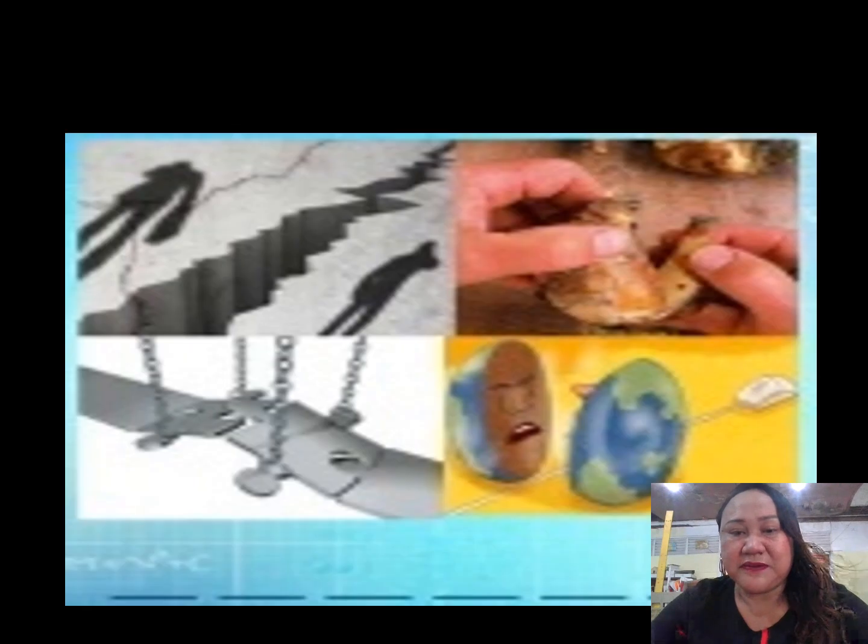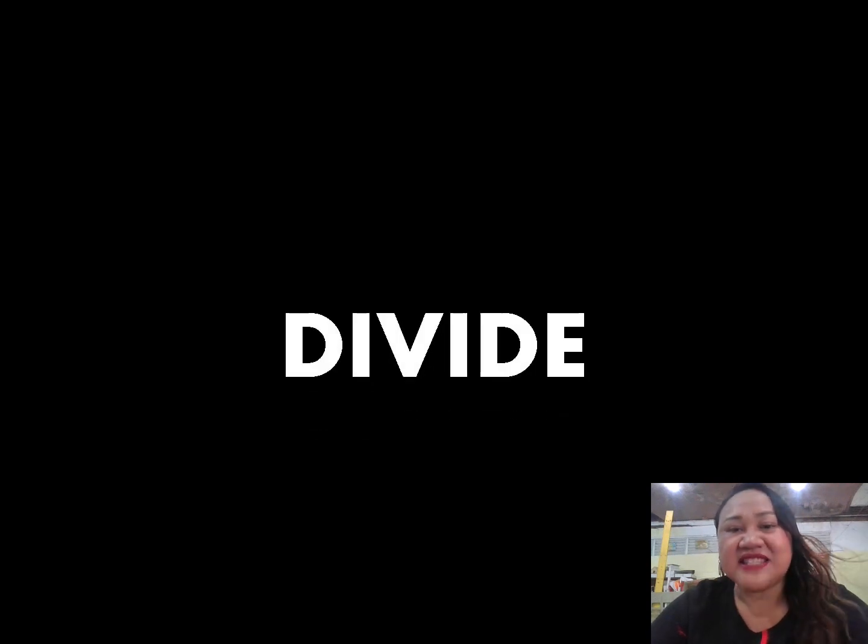Yes, and that is all about parts. How about this? There is the division of the land, the division of the globe. What do you think is that? Yes, this is the sixth picture. Glad you're right. It is divide.